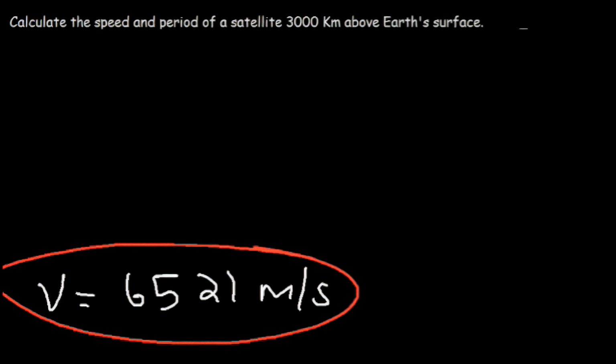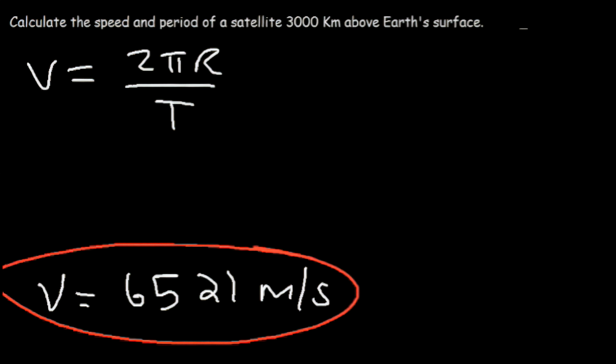Now the next thing that we need to do is calculate the period of the satellite. We need to find the time it takes for it to make one revolution around the Earth. So we know that the speed is equal to the circumference divided by the time, which is the period. You've seen this equation earlier in the video.